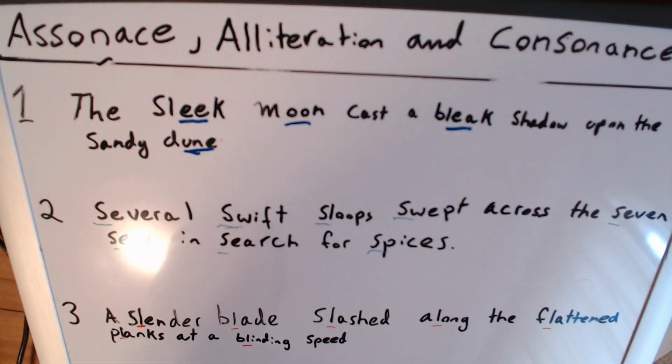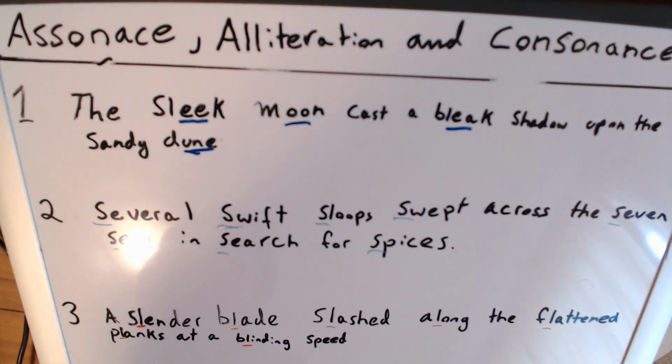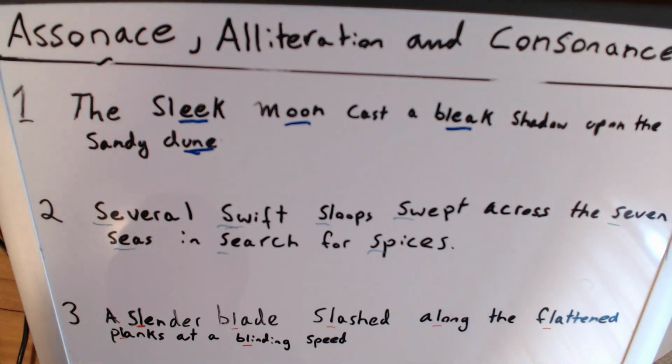So in today's assignment, I just want you to create three different sentences. You can do more, and I want you to also underline the parts, or maybe color them differently if you're using a computer. You can use the underline feature, or even bold them if you want, to show me where you're actually using the assonance.